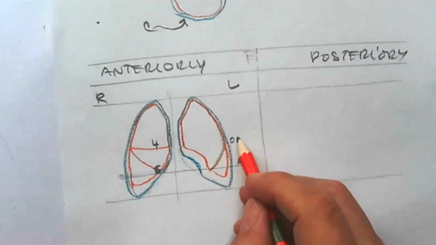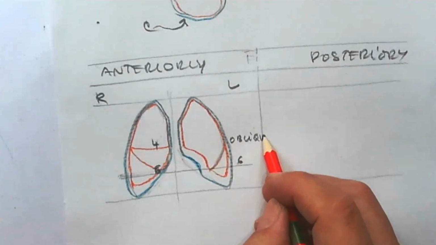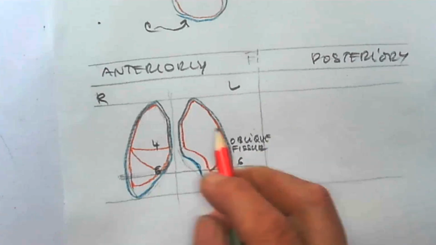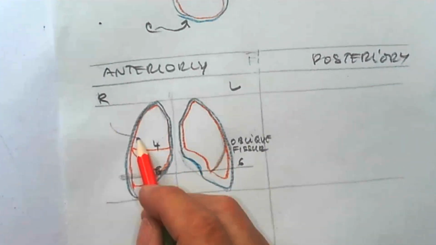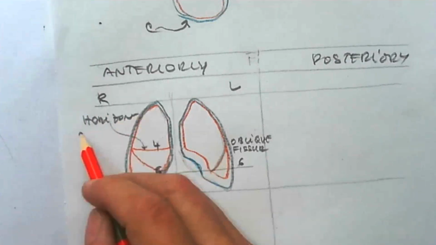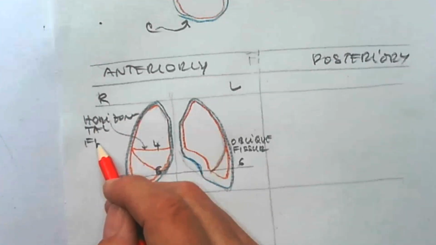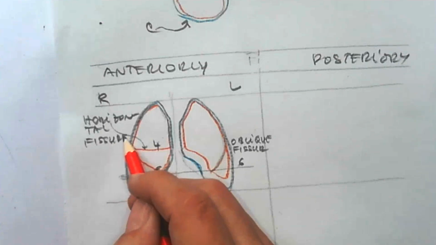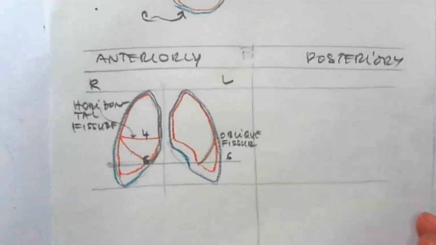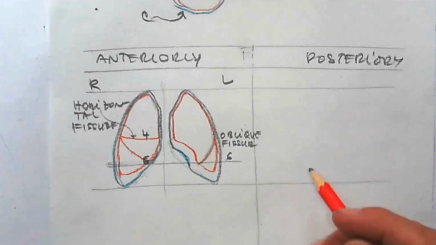And then the horizontal line is not present. That one is the oblique line, oblique fissure, and that one is also oblique, and this one is the horizontal fissure, descending from T3. Well, we will see it on the dorsal view. So this is the anterior side.